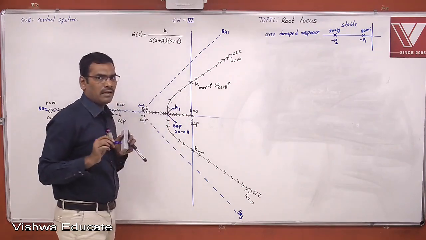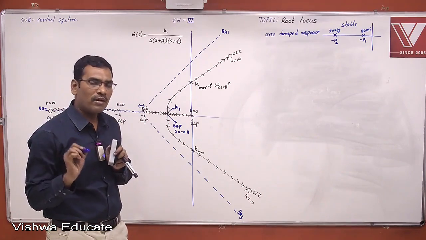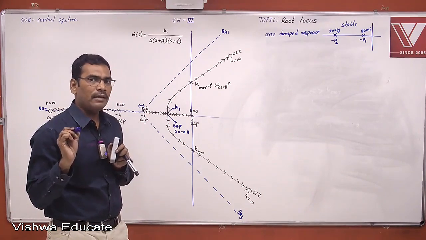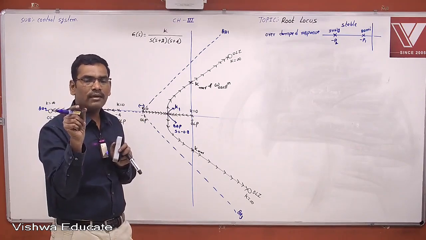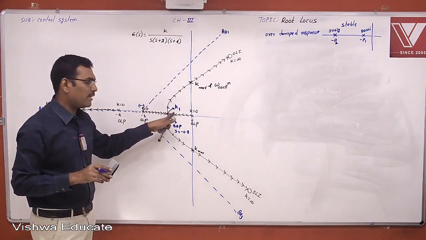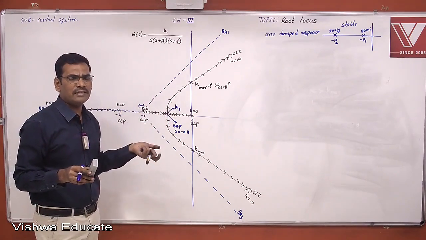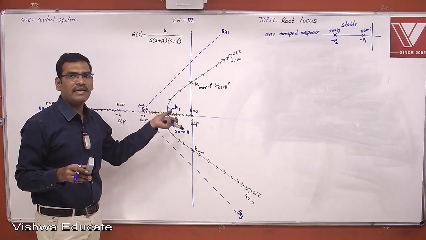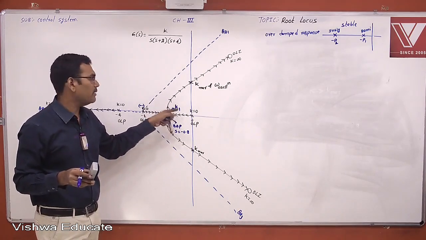Once again, the question: when the root locus diagram is overdamped, underdamped, critically damped, what is the range of values of K with respect to gain at breakaway point and gain at break-in point? In our question there is a gain at break-in point, assume K2. At the breakaway point, we already found that the gain is K1.